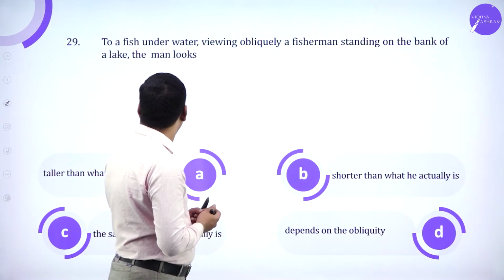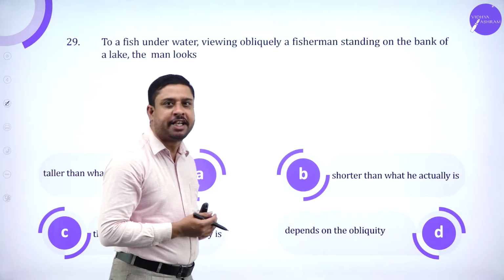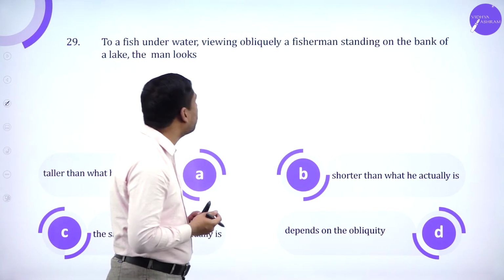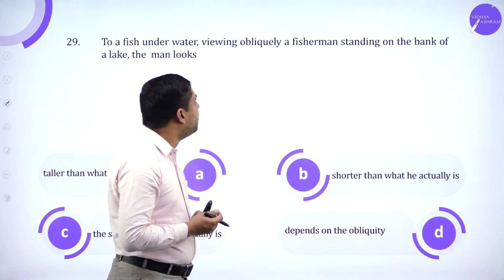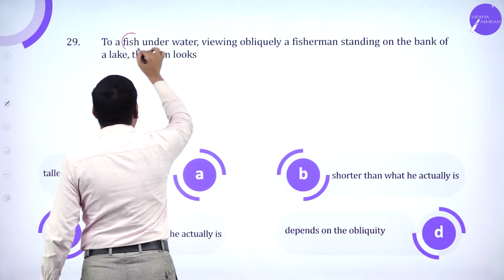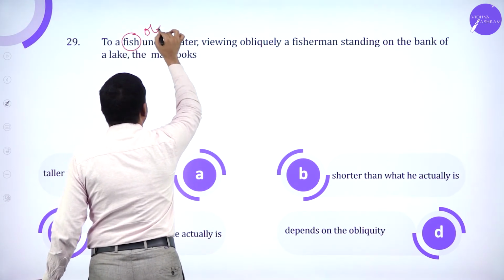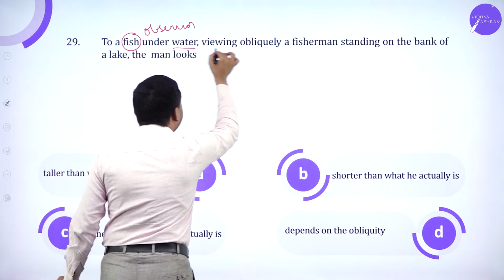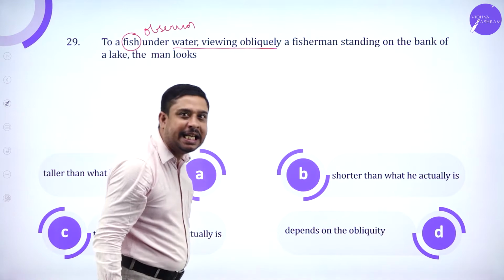Now, there is a fish underwater viewing obliquely. So here the fish becomes the observer. It views obliquely.